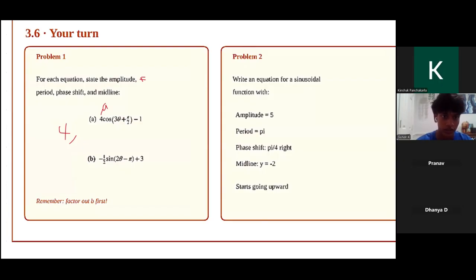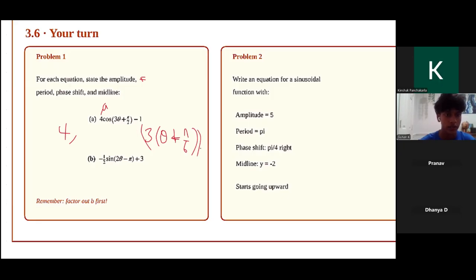So 3 factor out by theta plus, and remember when we factor out 3, it's like we're dividing 3 by everything that we're factoring it out from. So pi over 2 divided by 3 equals pi over 6. And then that becomes that, and the -1 stays the same.